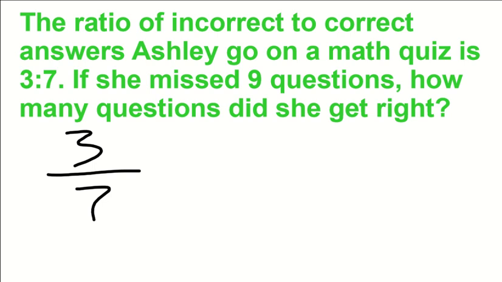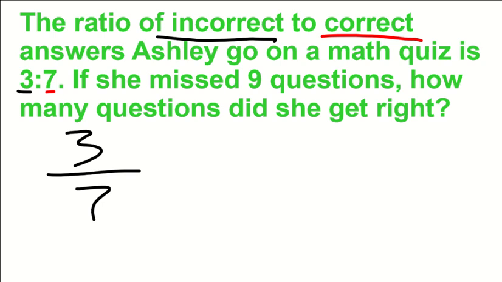The reason I wrote it as a fraction is it's going to make the rest of this a little bit easier, okay? So our ratio is 3 to 7. What was the 3? 3 what? Incorrect. Incorrect was first. 3 is first. Correct was second.